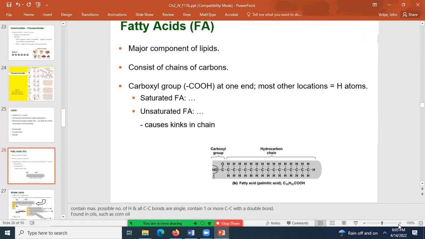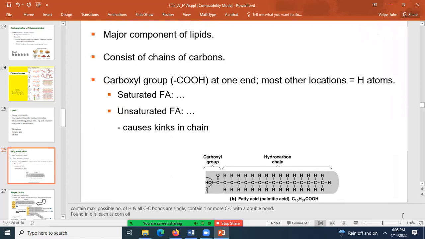If we blow this up, a saturated fatty acid is one where the carbon only has single covalent links between the carbons. So right here, this is a saturated fatty acid because there are only single carbon links, in palmitic acid right here.